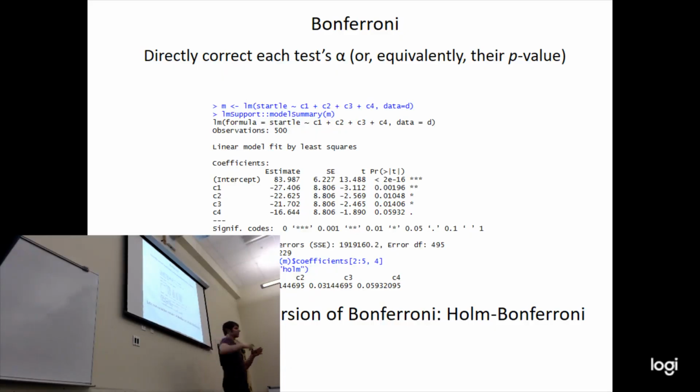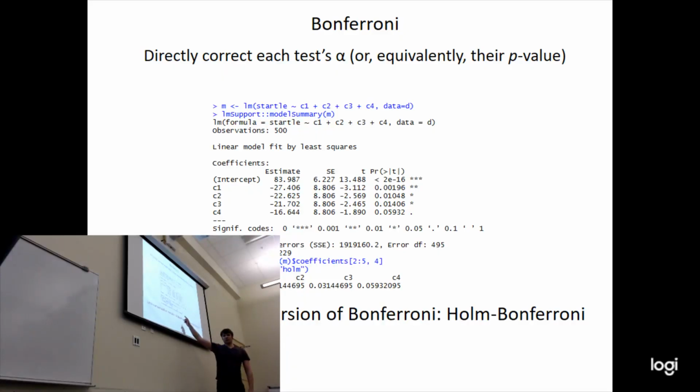Literally, it's just a vector of numbers that you feed into this little function. You say p.adjust, whatever those p-values are, the uncorrected ones, and then you say you want the Holm procedure, and these are your corrected p-values. That's it. So can you explain why C4 didn't change?